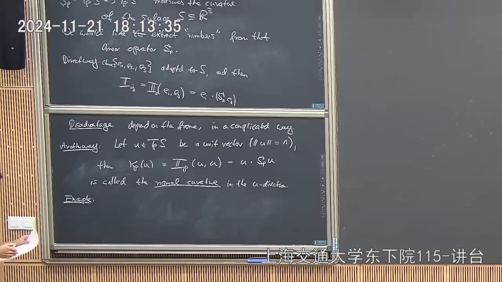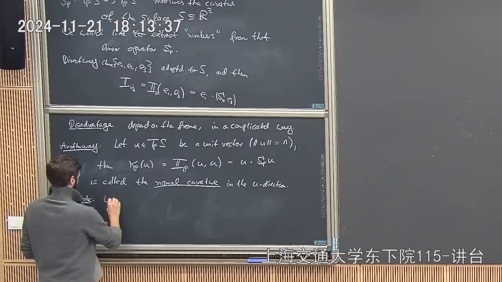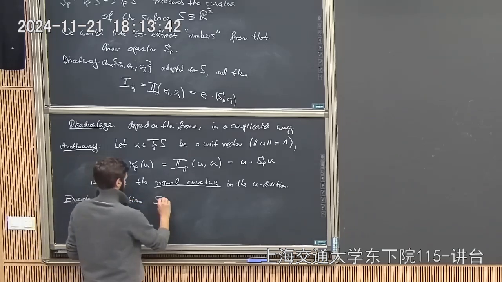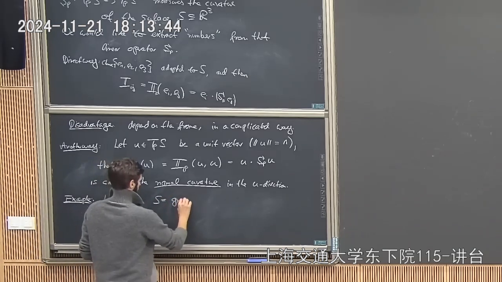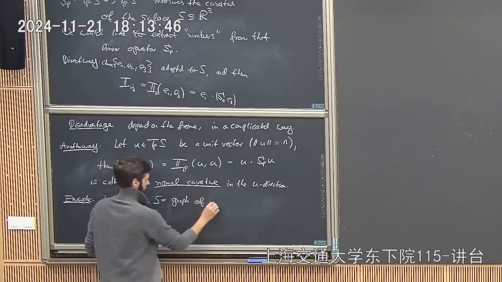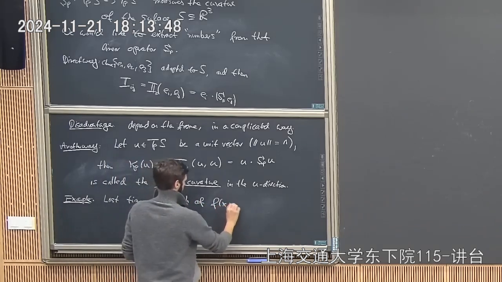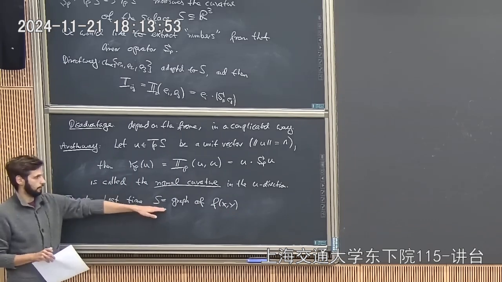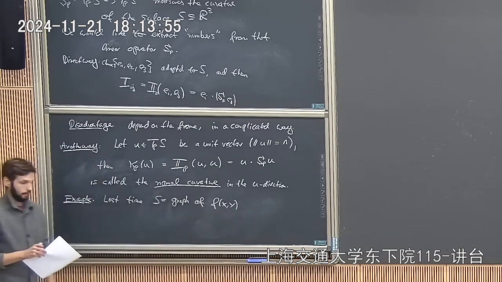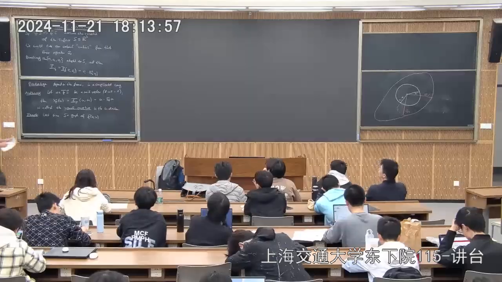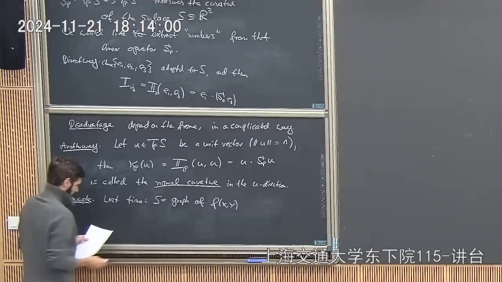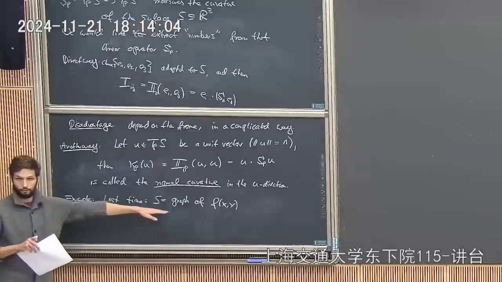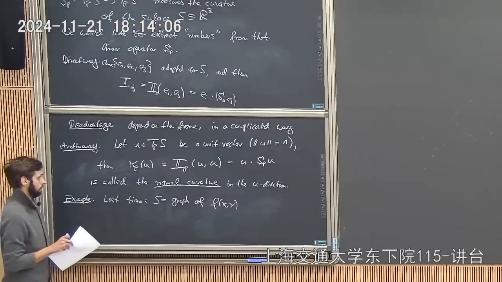So that's one way. And another thing we can do, of course, is calculate it in an example. For example, we had last time that S equals the graph of a function f of x and y, so the z coordinate is given as f of x, y. We looked at these kinds of objects last time, and we calculated the shape operator for that case.